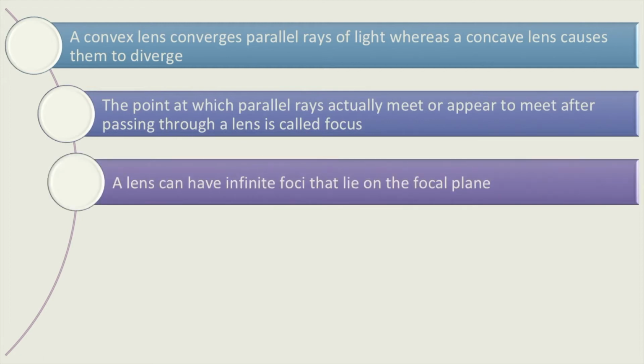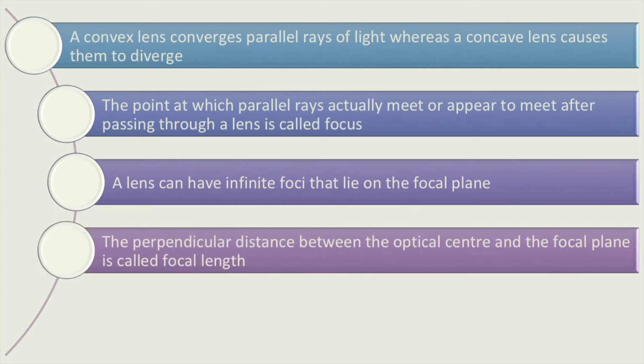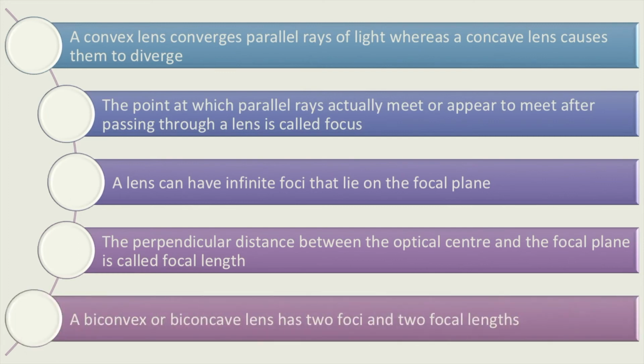A lens can have infinite foci and all these foci lie on the focal plane. The perpendicular distance between the optical center and the focal plane is called the focal length. And a biconvex lens or a biconcave lens would have two foci and therefore two focal lengths.